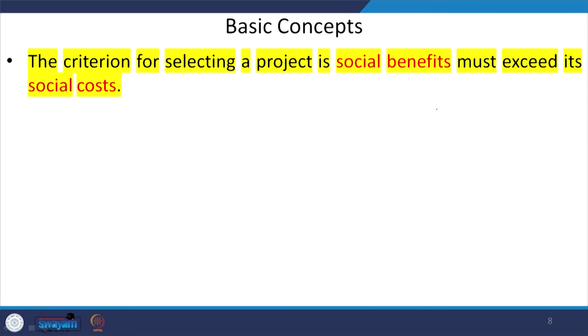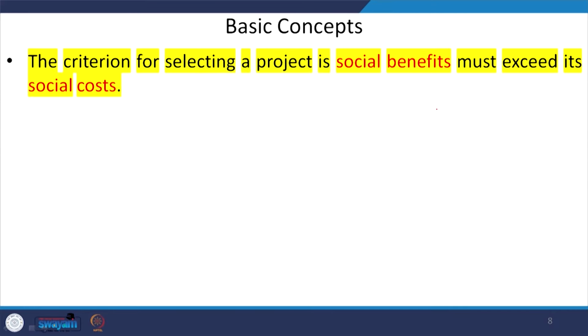So, based on this understanding of the historical backing, or the theoretical underpinnings, in order to understand benefit cost analysis, let us understand the criteria or basic concepts that we are using in this benefit cost analysis.